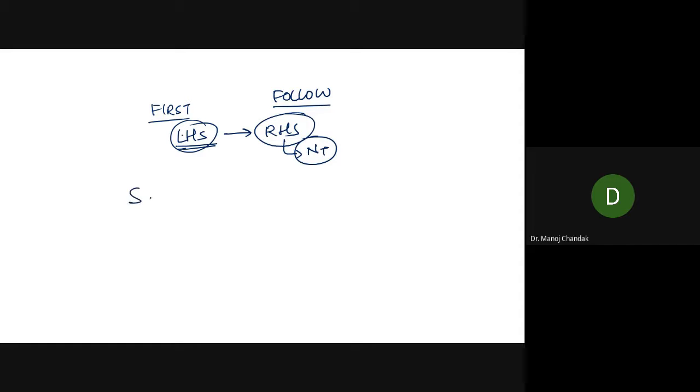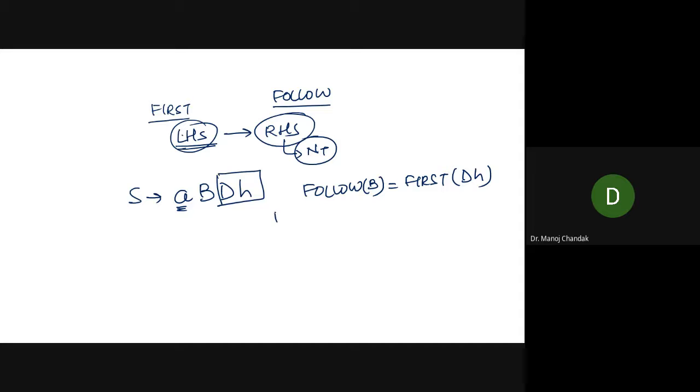So if there is a rule S derives to small a, capital B, D, H, then you will not be interested in computing follow of a, but you will simply be interested in computing follow of B, which is equal to first of whatever is there after B. Okay, right?